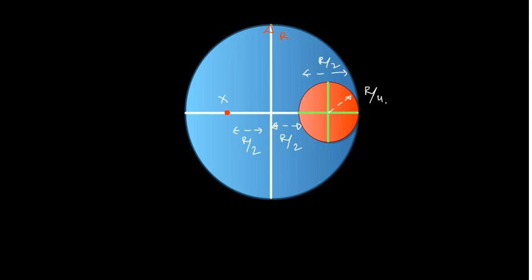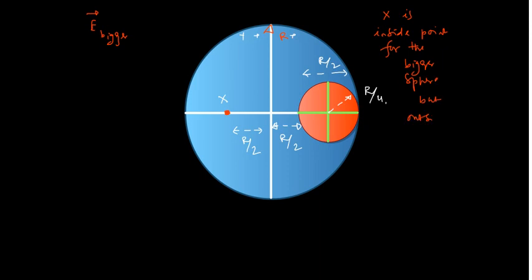Again, if I take a positive charge, ठीक है, तो what will I calculate? First E due to the bigger one, at point X. Now X is an inside point for the bigger sphere but an outside point for the smaller sphere. ठीक है दोस्त, a little bit delicate, a bit different from the previous case.